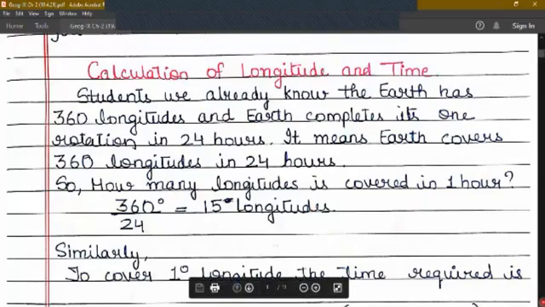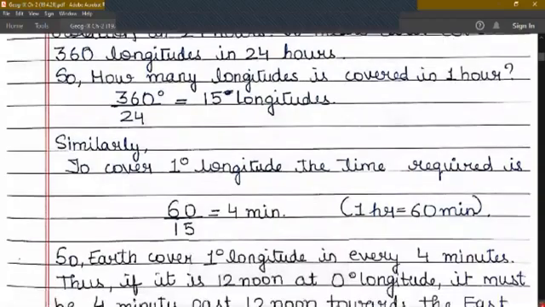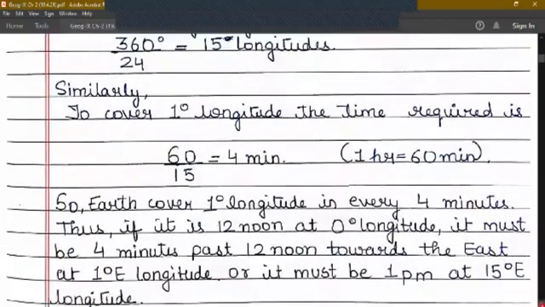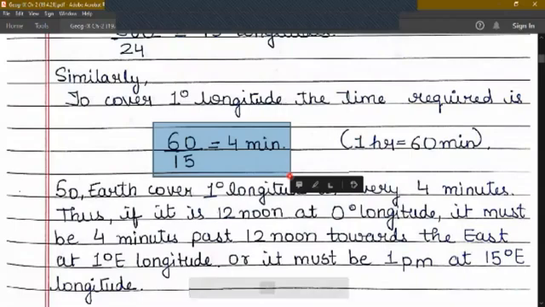Similarly, to cover 1 degree longitude, the time required is 60 divided by 15, that is 4 minutes. As we all know, 1 hour comprises 60 minutes and 15 longitudes are covered in 1 hour.